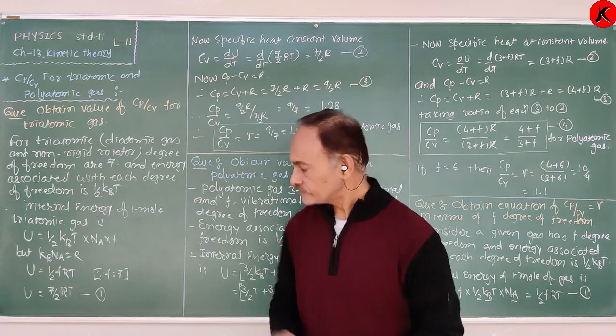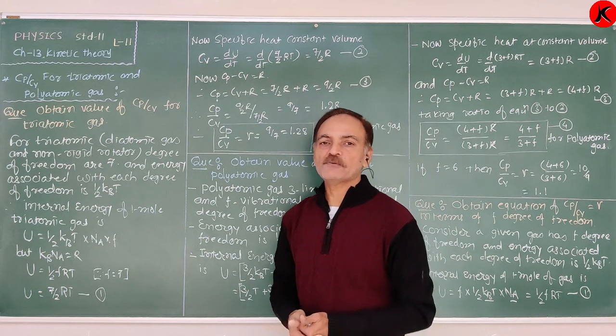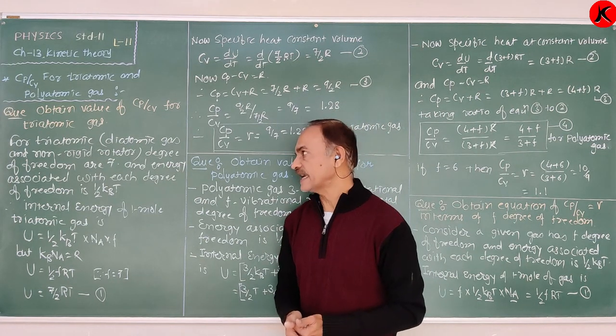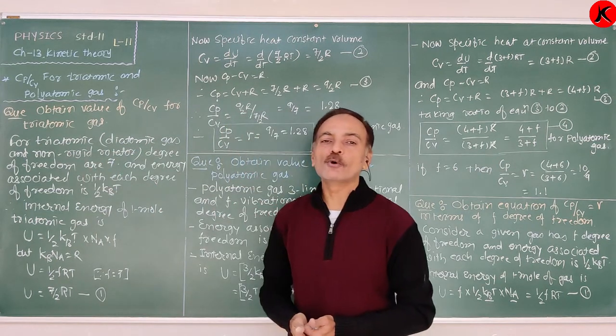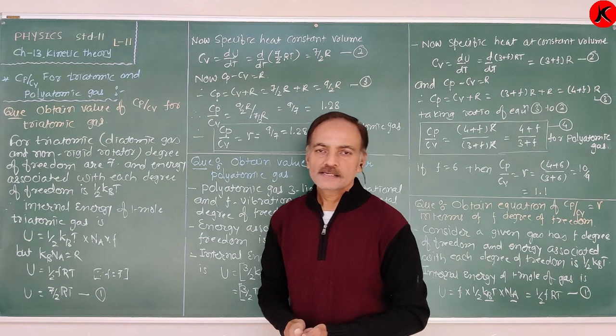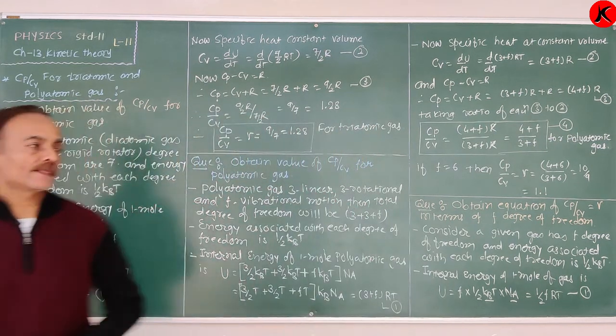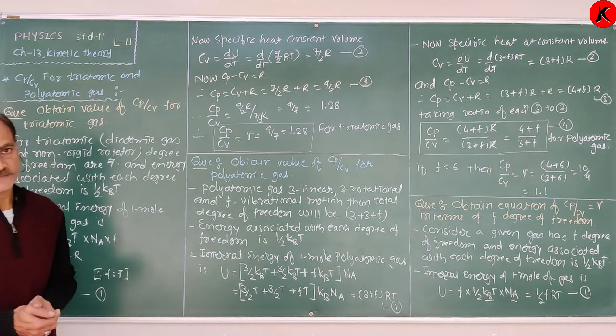Now the question is to obtain the value of Cp upon Cv for triatomic gas, that means the diatomic gas with non-rigid rotator molecule. For this gas, the degrees of freedom are 7.